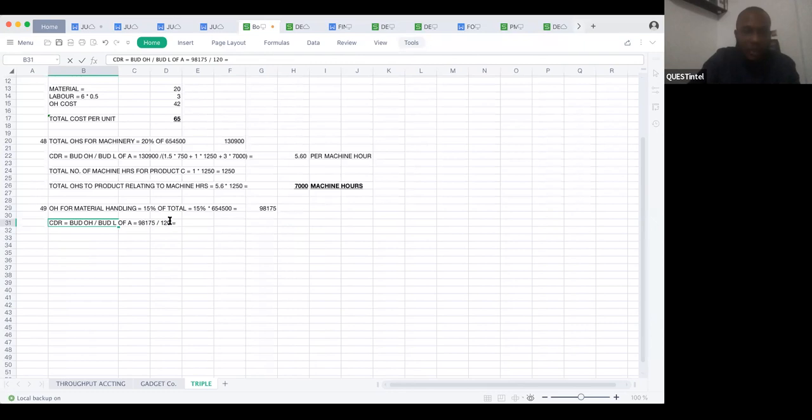We said 120 in total, 87 plus something plus something. Switching back and forth is not fun. So that's the rate per movement of material.